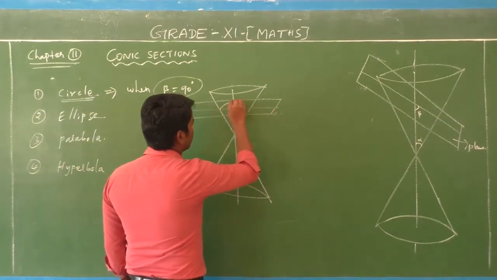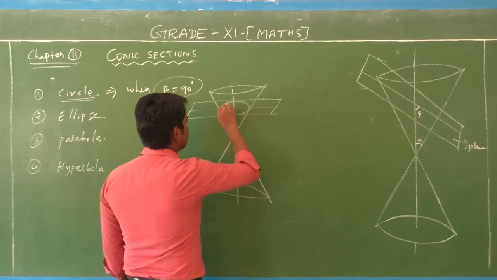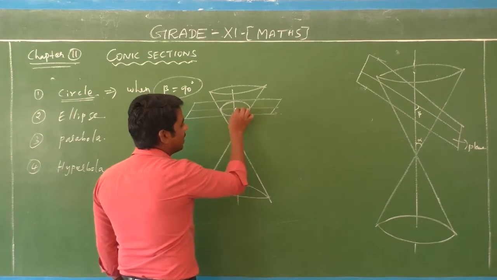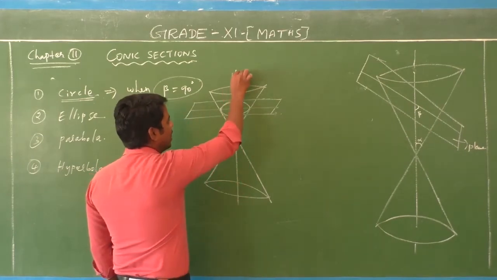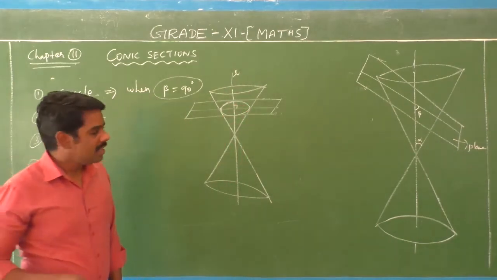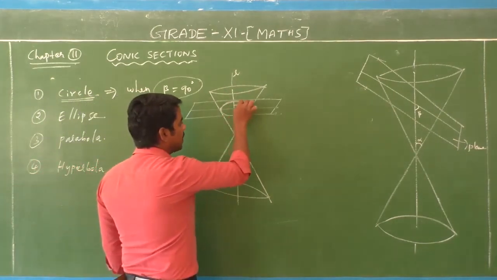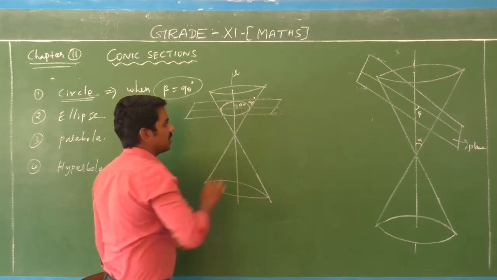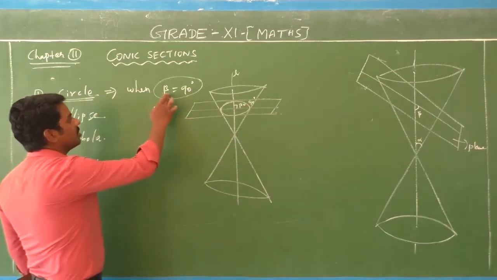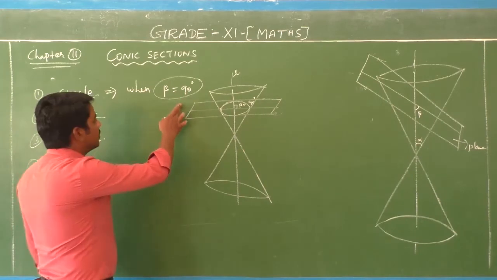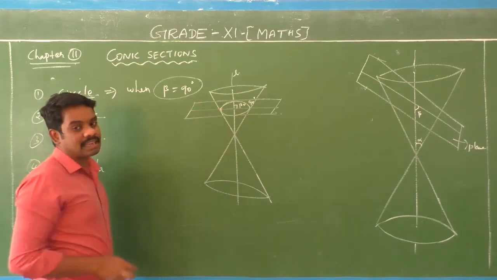We have a circle. The condition for a circle is that the angle between the line L and the plane, beta, is equal to 90 degrees. When beta is equal to 90 degrees, this section is called a circle.